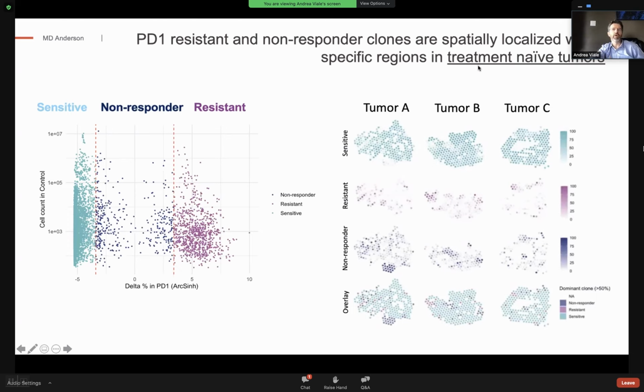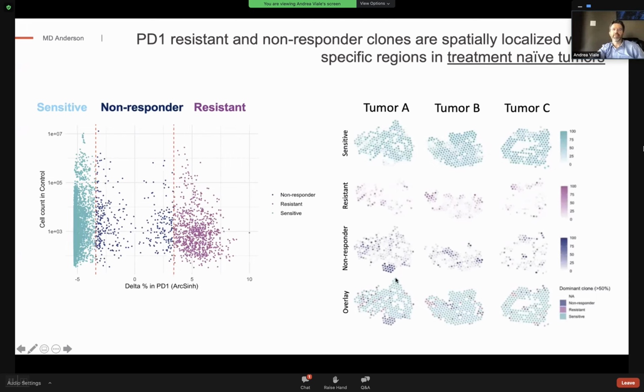And again, we are looking here, and this is the beauty of the system that allows us to really identify, in the tumor that is untreated, where specific clones with specific behavior are and which regions are populated by these clones. Again, this was the same plot I showed before. We just changed the color for the sake of representation.